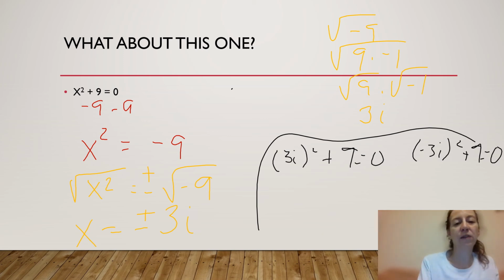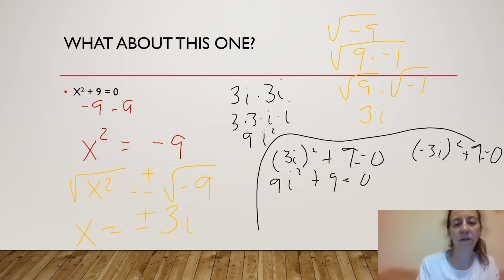Well, what is 3i squared? That's 3i times 3i. Now remember, this is all multiplication, so you can multiply in any order that you want. 3 times 3 is 9, and i times i is i squared. But what is i squared? Well, i squared is -1.